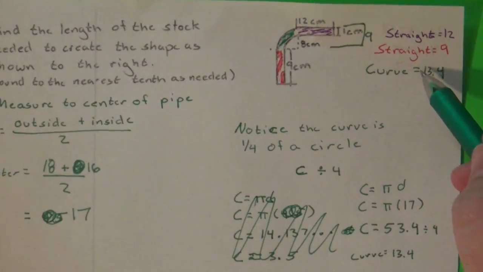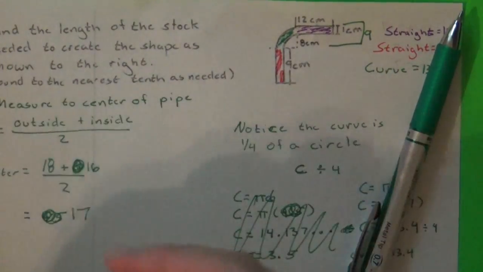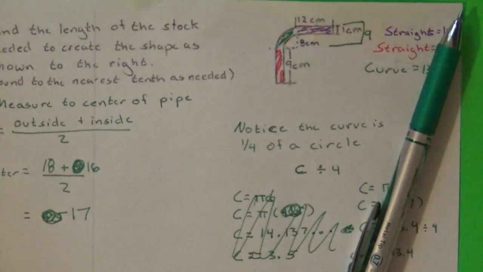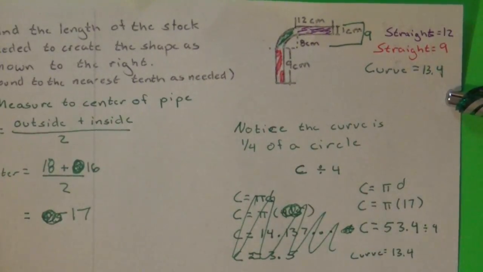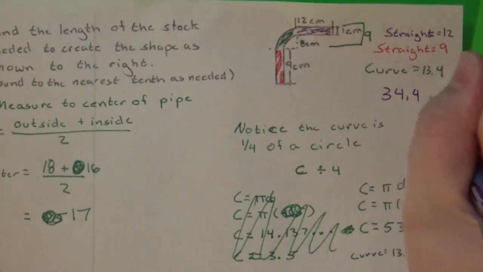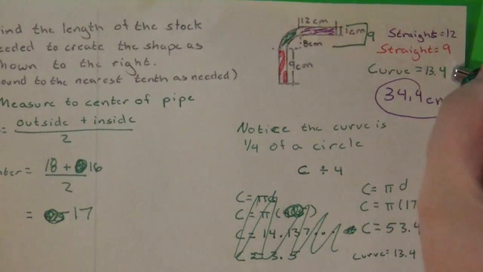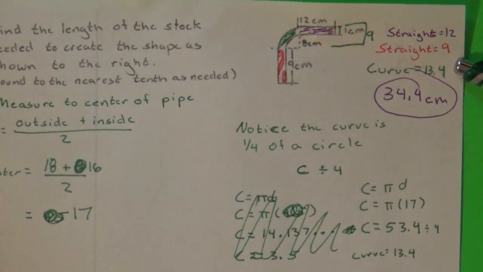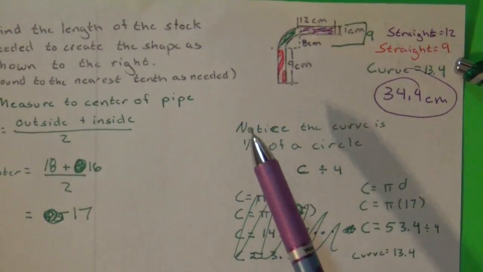What do you think I'm going to do to find the length of the entire piece of stock? I am simply going to add. So 12 plus 9 plus 13.4 gives me 34.4 centimeters.